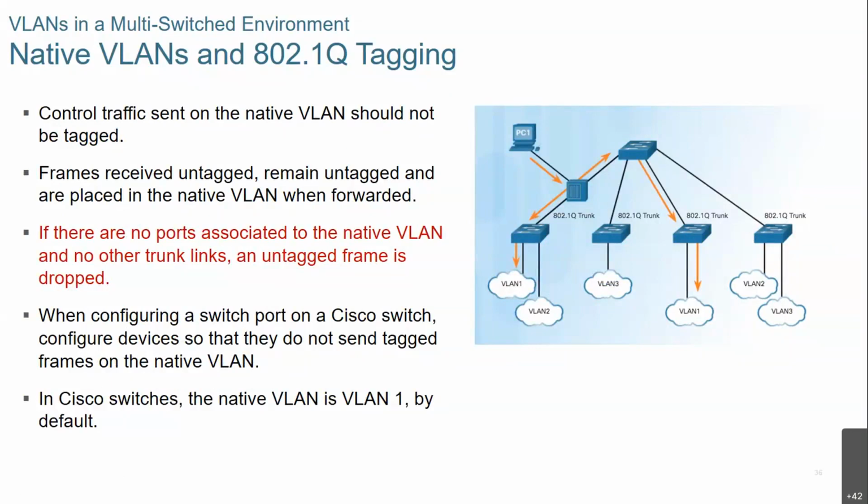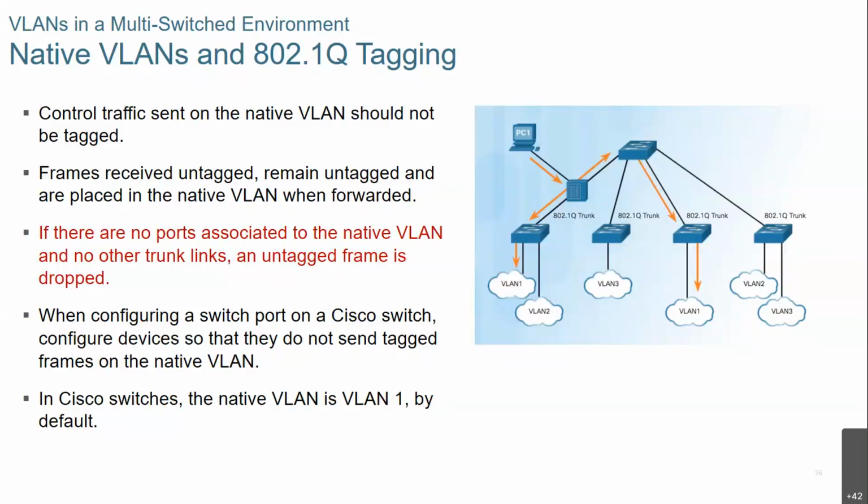Basically, if you configure all the VLANs and your trunk, but you forgot to configure a native VLAN, any untagged frame is dropped. Because a trunk handles tagged frames, and the native VLAN is there to handle the untagged frames. If you forgot to do that, all of the untagged frames will be dropped.